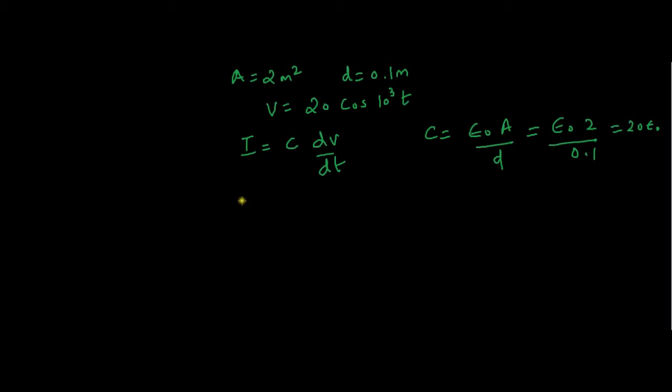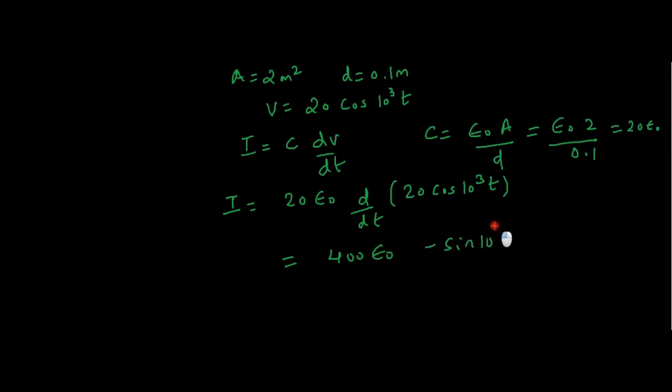Okay. So substituting this, we have I is equal to 20 epsilon naught, and we need to differentiate 20 cos 10 cube t. So this is nothing but 400 epsilon naught, and the derivative of cos is minus sin 10 cube t into 10 cube.